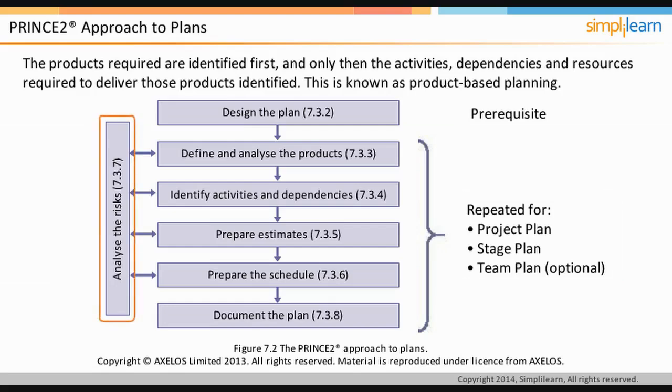Analysis of the risks involved occurs during the Define and Analyze the Products step and continues till the schedule is prepared. It is highly recommended that user community, which is represented by senior user, be involved in specifying the product requirements, thus increasing buy-in and reducing approval disputes.